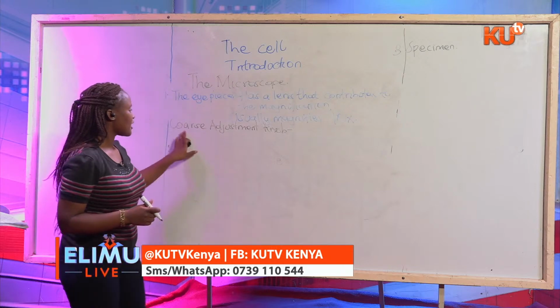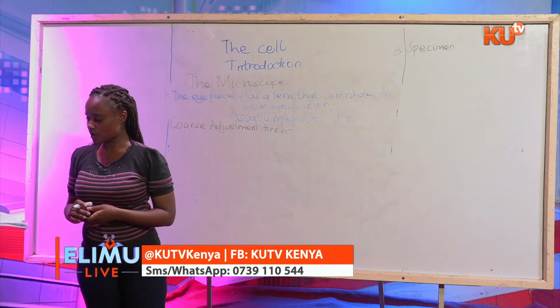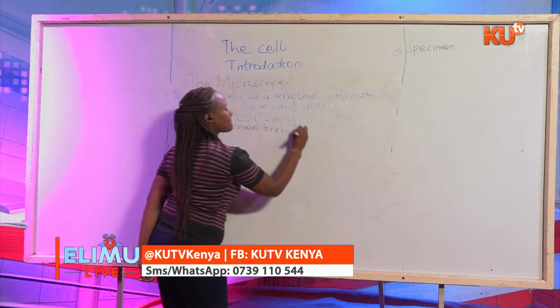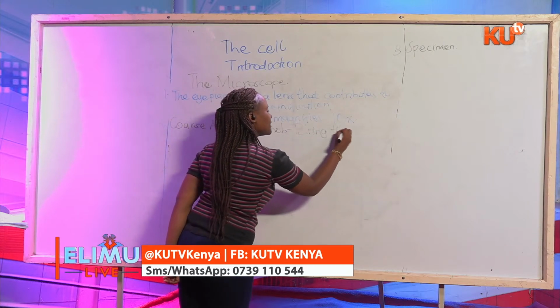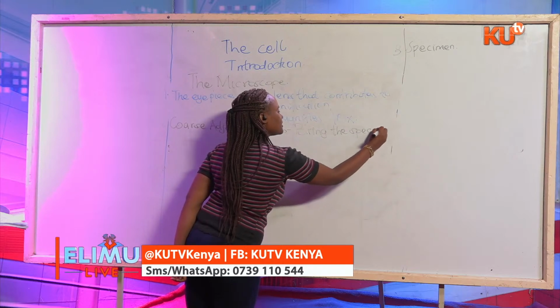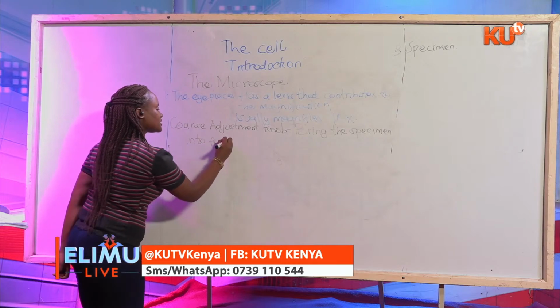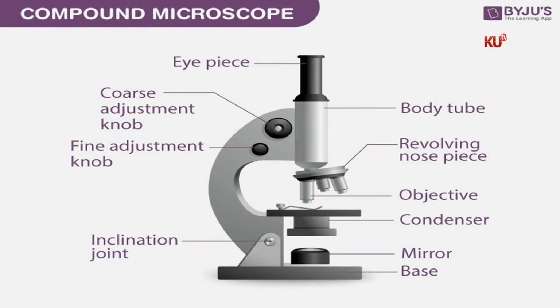So this is just to bring the specimen into focus. The coarse adjustment knob brings the specimen into focus.